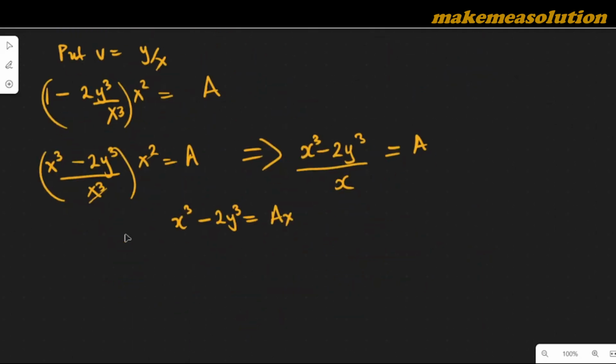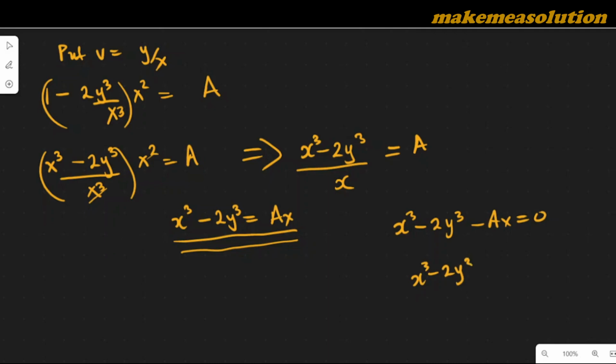So you can actually hang your pen like this, or for some of us that might want to still take everything to the other side, x cubed minus 2y cubed minus ax equal to 0, or better still, x cubed minus 2y cubed over x is equal to a.